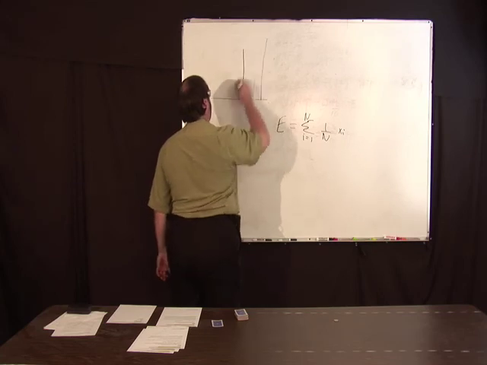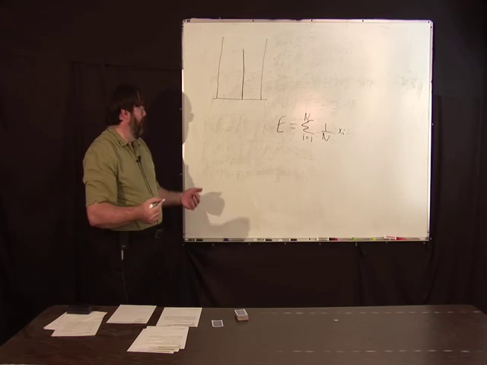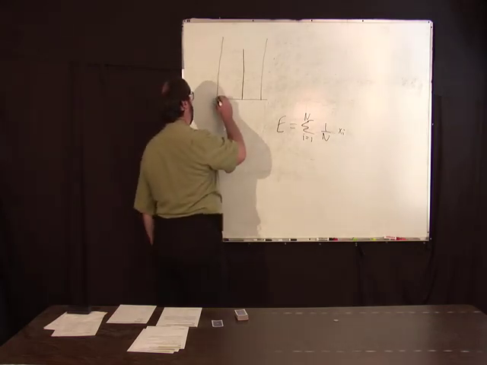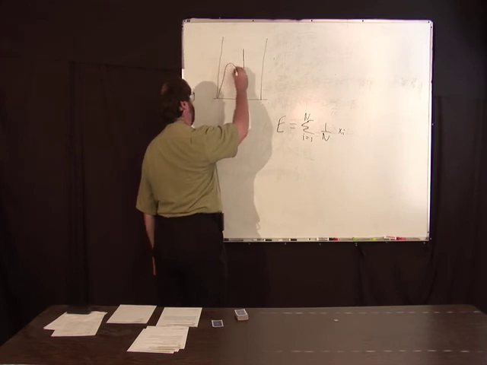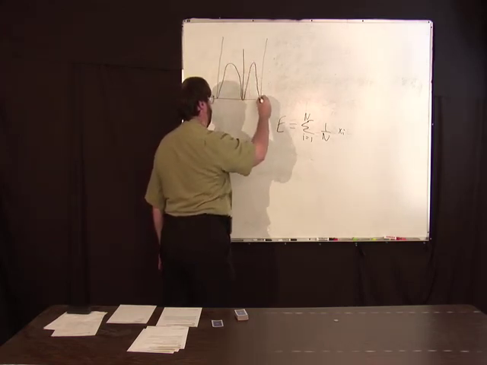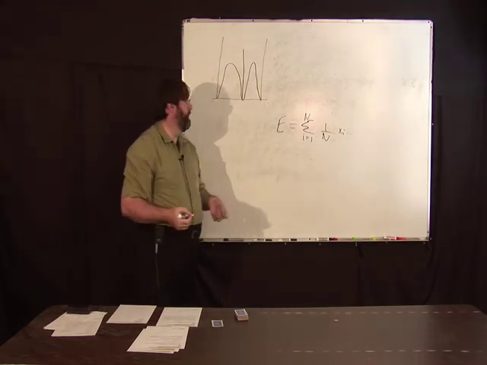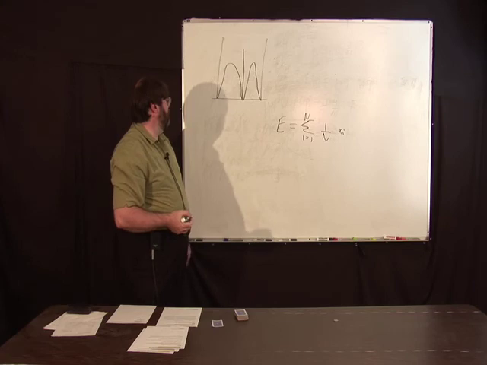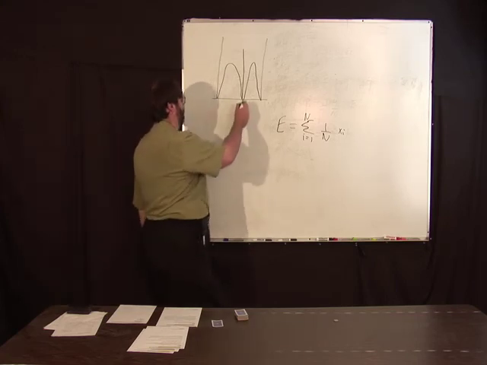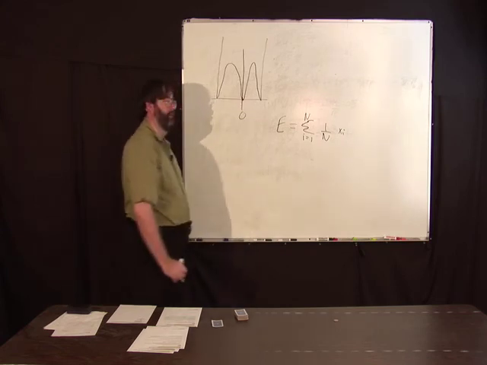I'll give you an actual real example: the particle in a box in quantum mechanics. A certain state of a particle in a box has a probability of being found that looks like this. These should be symmetric, but I'm not a good artist. As you can see, you can guess the expected value is right here, 0.